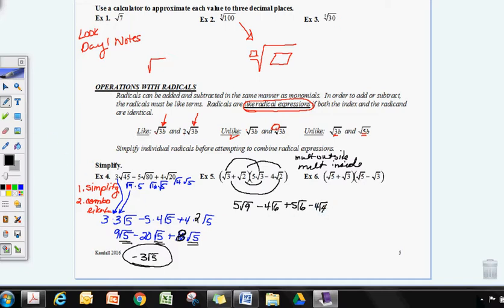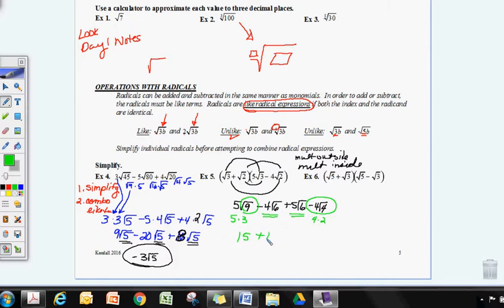Now, simplify anything that you can. I can simplify square root of 9. It becomes 5 times 3. I can't simplify the root 6's, so they stay the same. I can simplify a square root of 4. That's 4 times 2. So if I rewrite this, this is going to be 15. And these are like terms here in the middle.